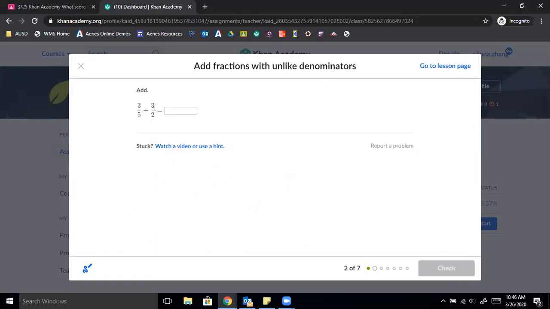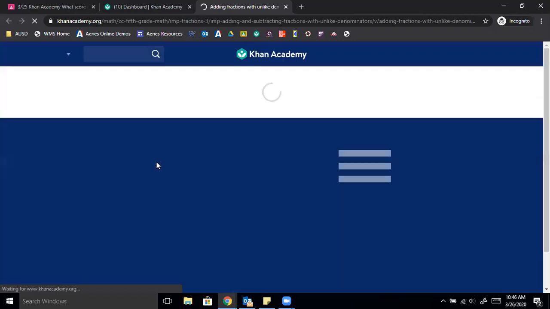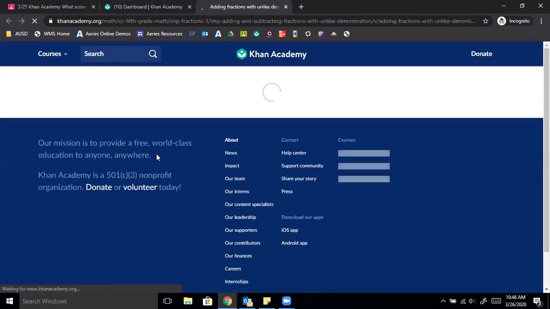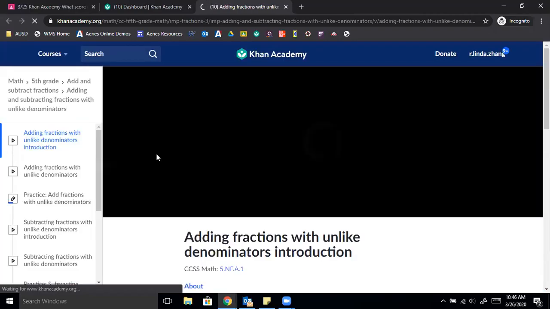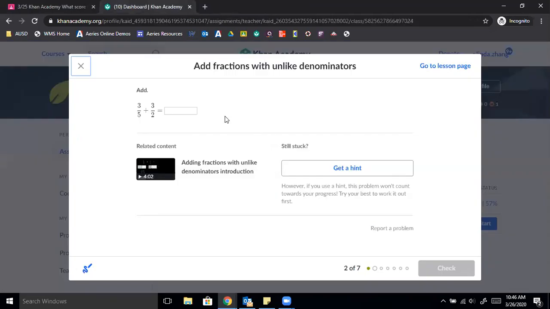Okay, 3/5 plus 3/2. If we're stuck, you can watch a video or use a hint. If you click on this, at least on the laptop, it opens up to a new tab. Because if you press the backspace button, or if you click back on this page, it might bring you to somewhere weird.